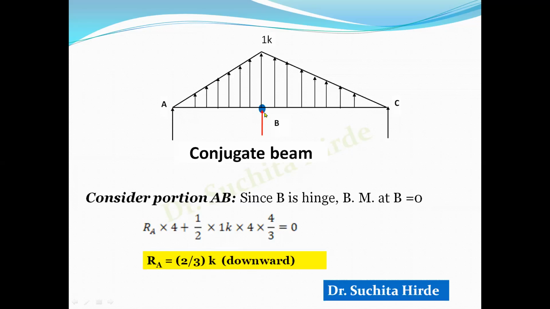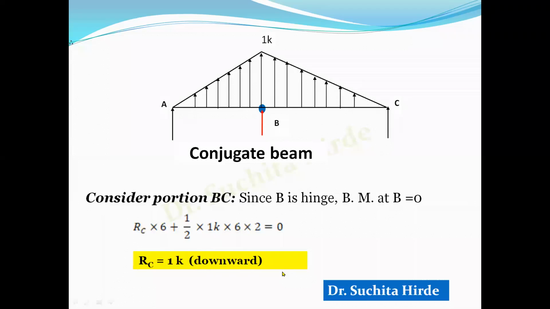Similarly, we can take the condition that bending moment at B equal to 0, consider the right portion and calculate RC. So in a similar way, consider this CB portion, and bending moment at B is equal to 0: RC into 6, this is 6 meter.